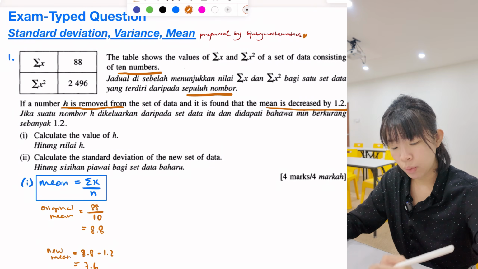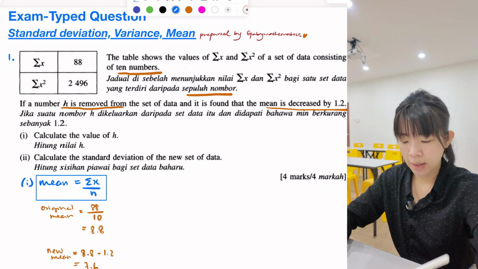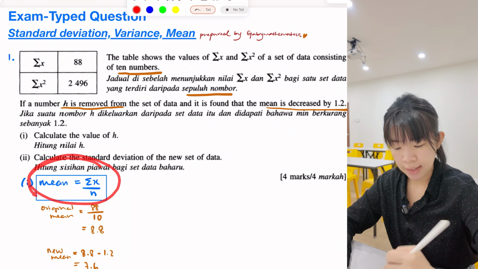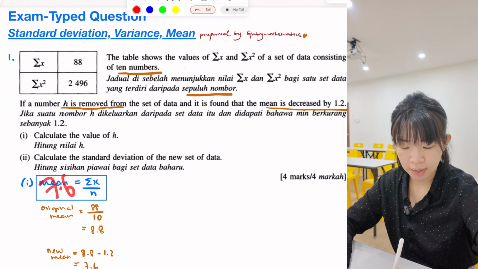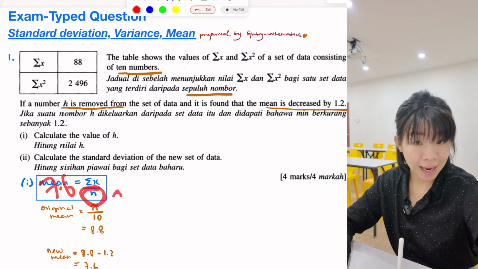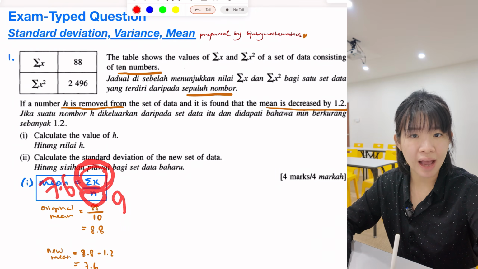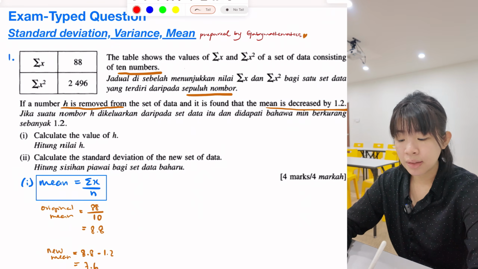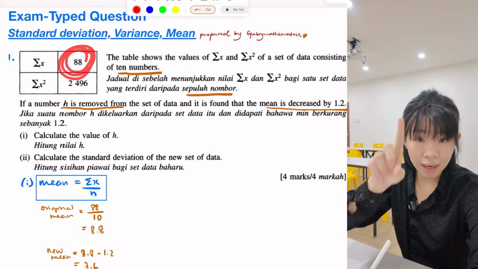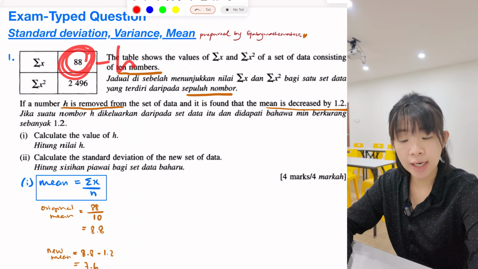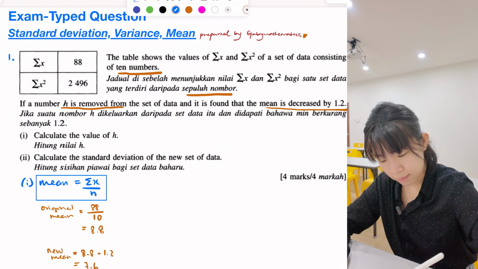Now, what is the number that has been removed? We stick to this formula. We have the mean, 7.6, and we know that the data left is 9. On top, what do we usually put? We need to put the sum of data. We know that with 10 data it was 88. Then one number is removed, so we can minus h. Let's arrange everything together.